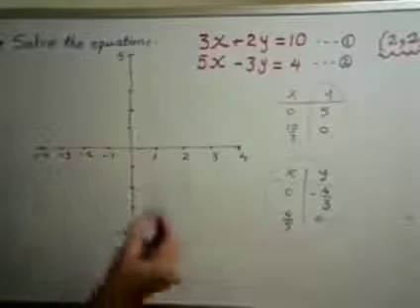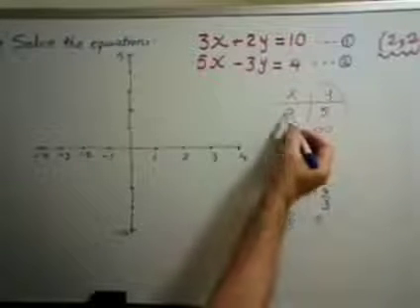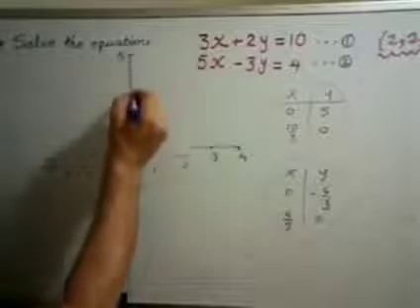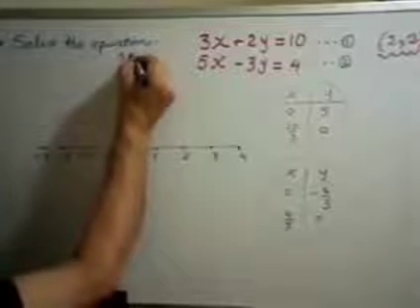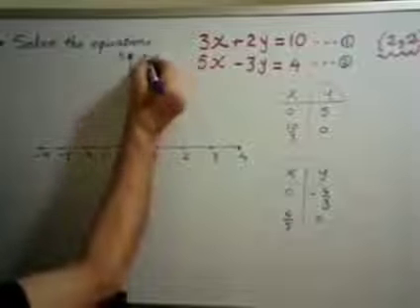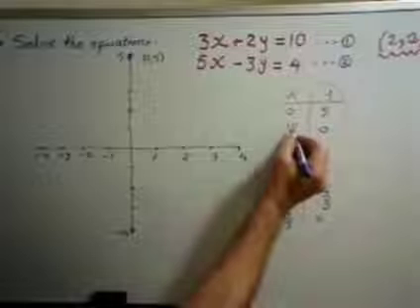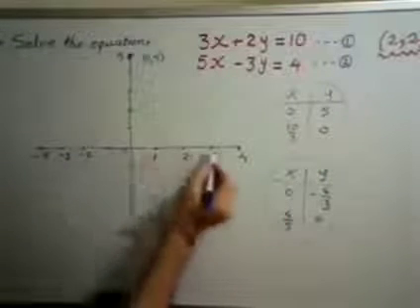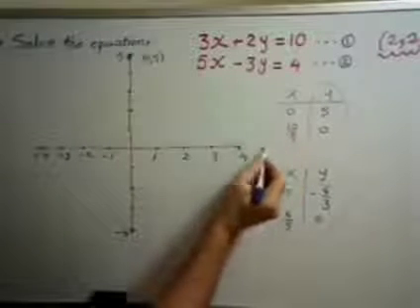For the first line, we said x is 0, y is 5. X is 0, that's on this axis. Y is 5, so this point here, 0 and 5. Here x is 10 over 3 and 0. That means on the x-axis, 10 over 3, I said it's 3 and 1/3.